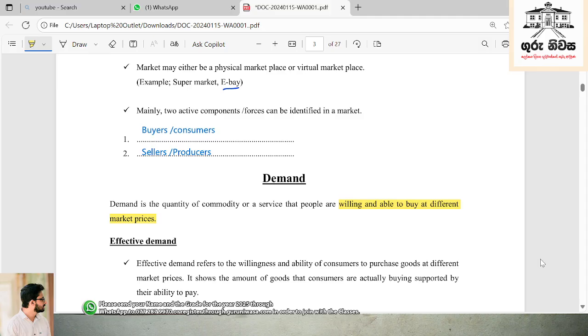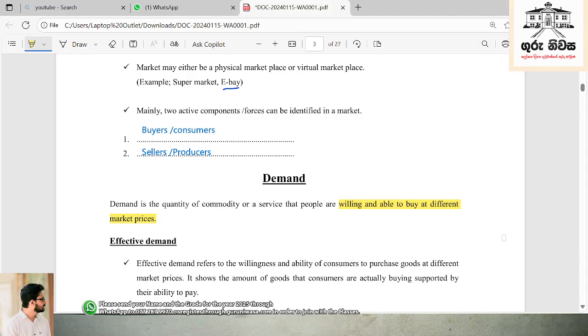When you say quantity demanded for this product is 1,000 units, you need to say that with a price. People are willing and able to buy 1,000 units at price 100. Price is always connected.